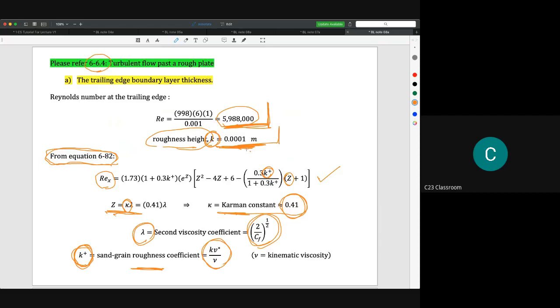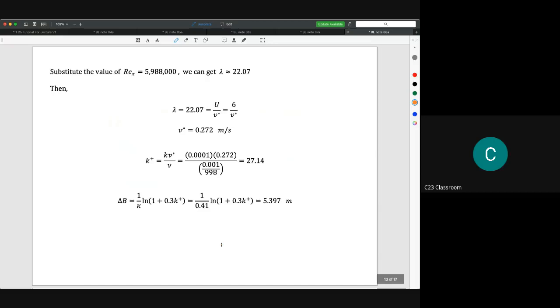0.0001 meter. And then K plus here has the relation equal to this one. I'm sorry, V star is equal to U over lambda. I just forgot to write it in these notes.